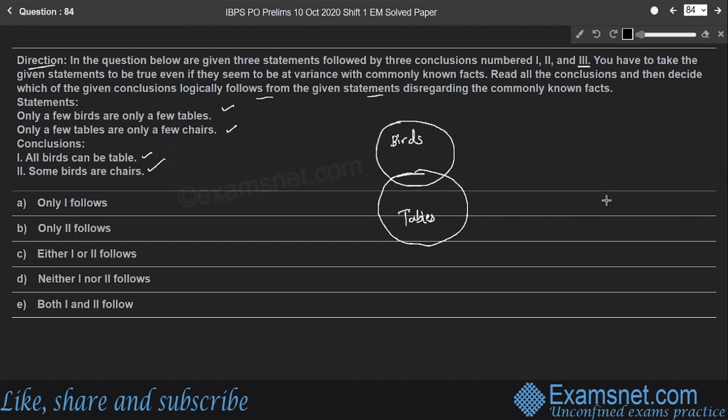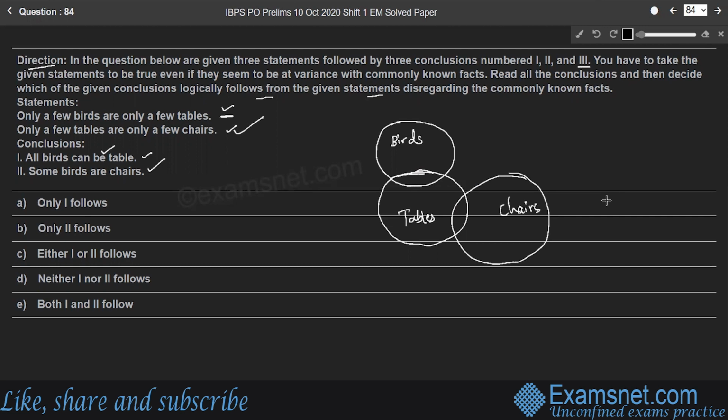So that is the meaning of the first statement. Only a few birds are only a few tables. And the second statement, only a few tables are only a few chairs. That means strictly some portion of tables are some portion of chairs, right?